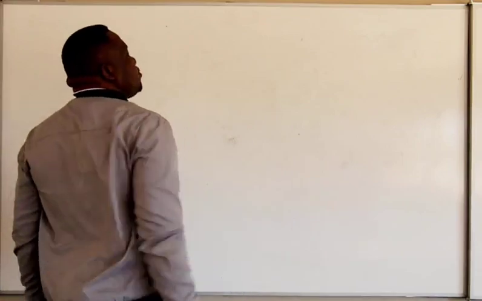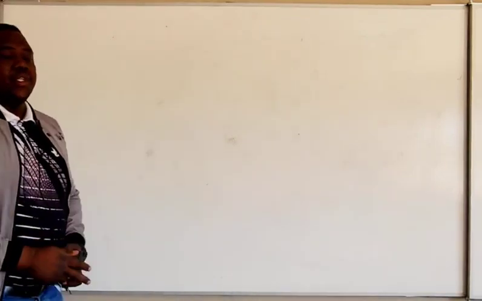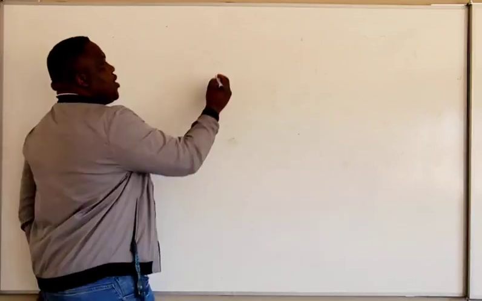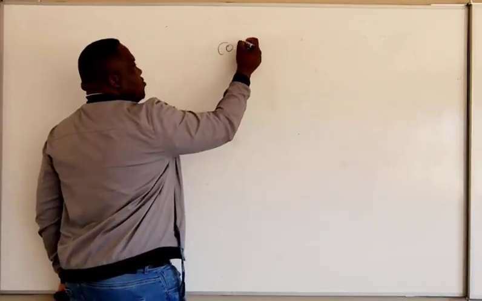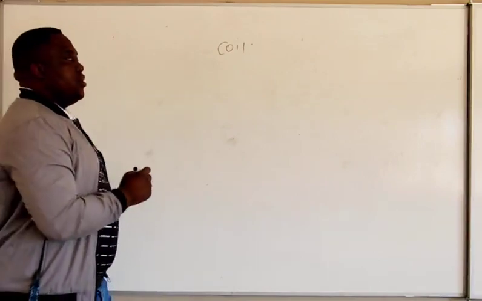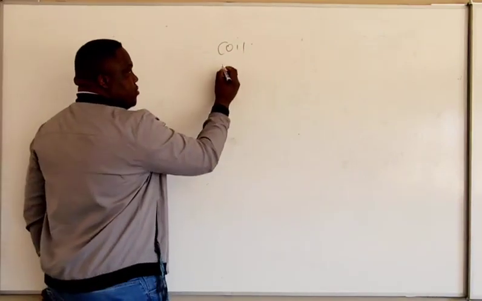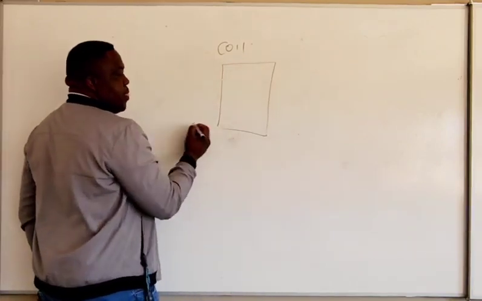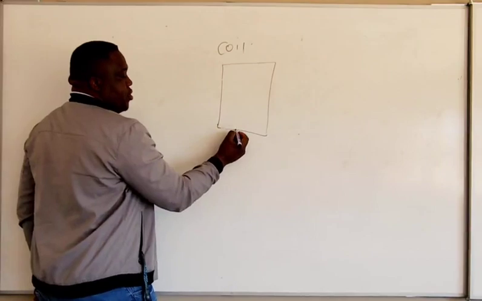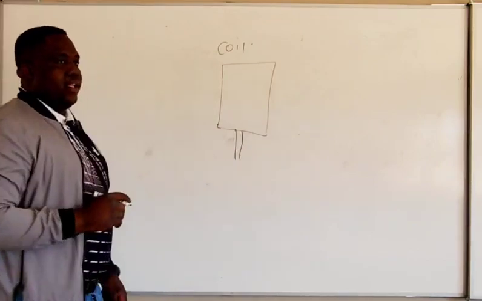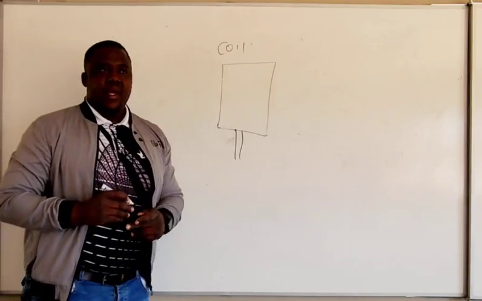Okay. The first thing that we need to know, which is very important, let us talk about the coil. I will draw a coil, like drawing a rectangular shape, and I can call it a coil so that you can understand. This is simply just a drawing.